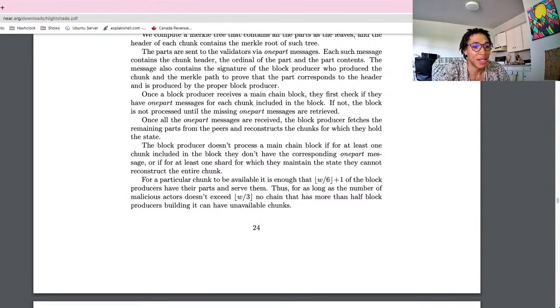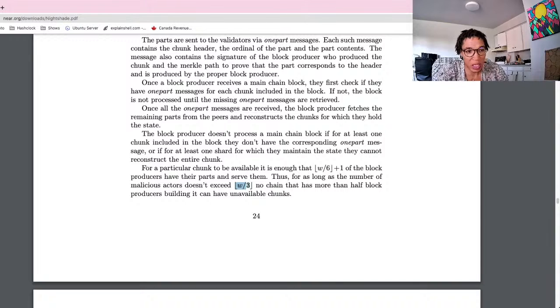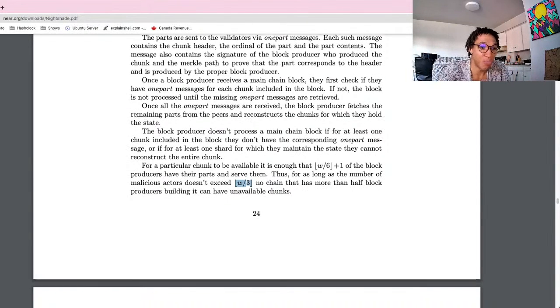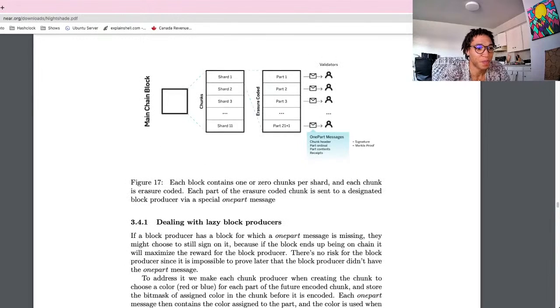But just saying that if nodes are following the consensus rules, you know the chunk is available if more than half of the nodes are being honest and available, and you should be able to move forward. As long as, again, no more than one third are being malicious and over half are available. So those are kind of the numbers, one third and half. You need both of those to move forward.